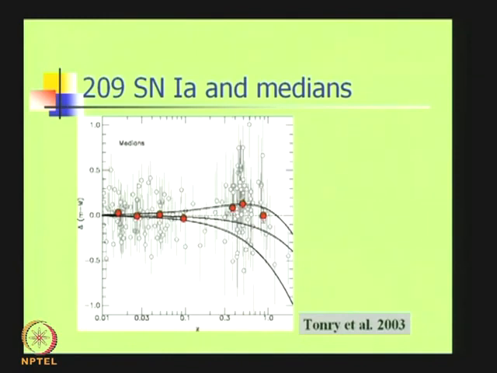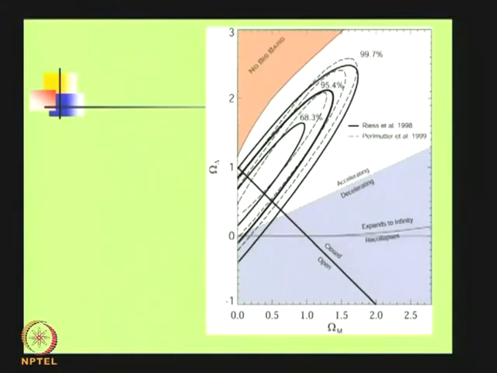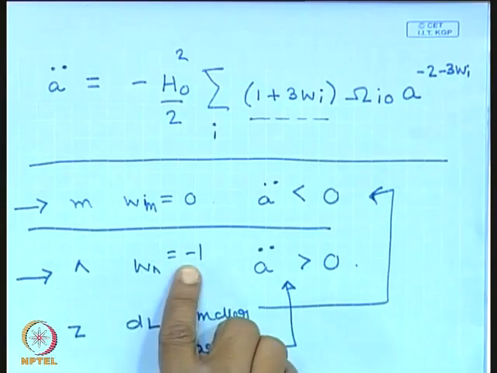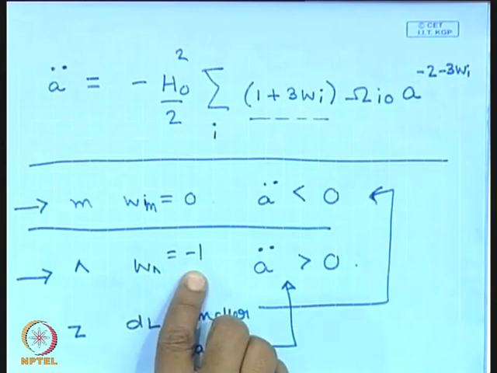So it is necessary to invoke a model which has a constituent with negative pressure. This is what we were discussing in the last class. If you allow for a constituent with negative pressure, we call it lambda, with pressure equal to minus the density into c square, so the equation of state parameter is -1.